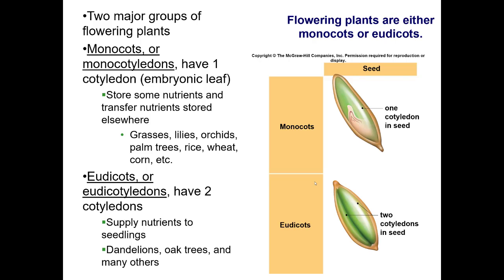You can see that a lot of monocots are in fact important for food, corn, rice, wheat, and the like. Relatively few of the types of plants that we're going to be looking at in general are monocots. In general, we are going to be spending time with a much greater percentage of eudicots or eudicotyledons with two embryonic leaves in the seed.